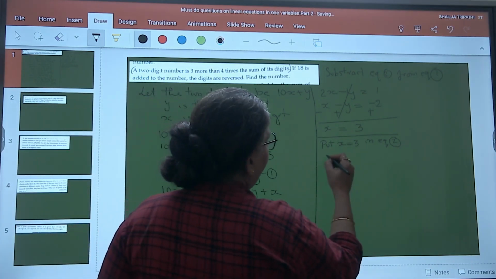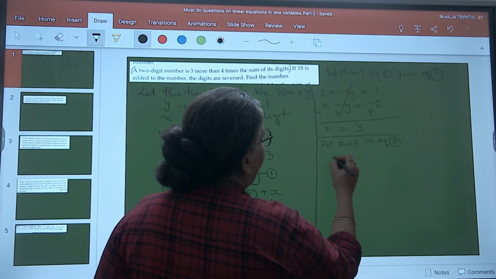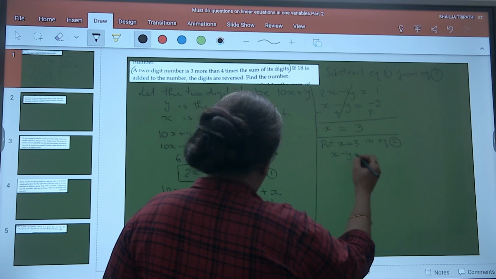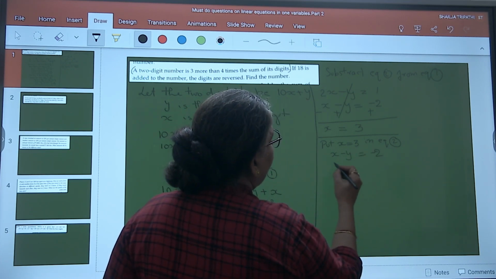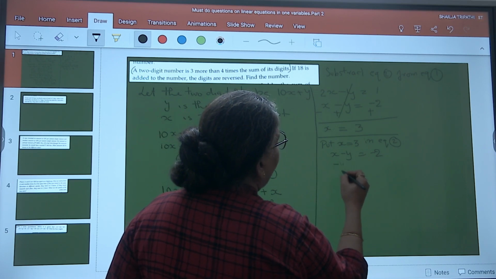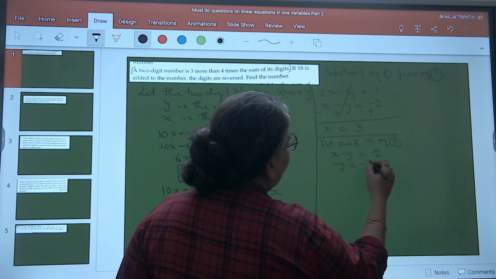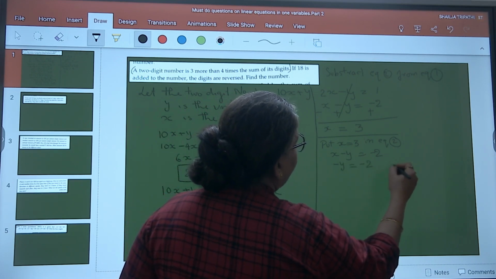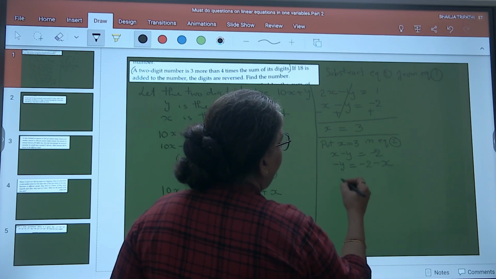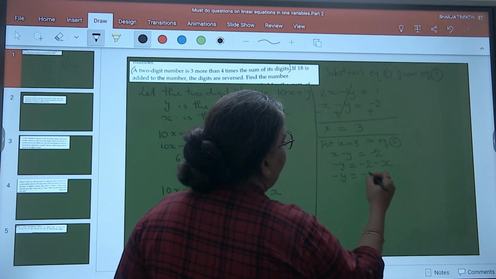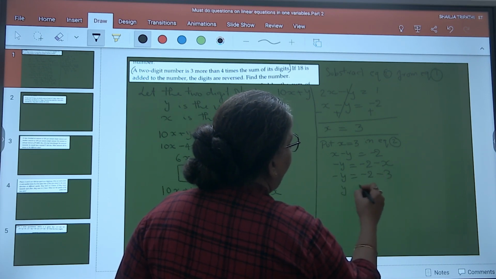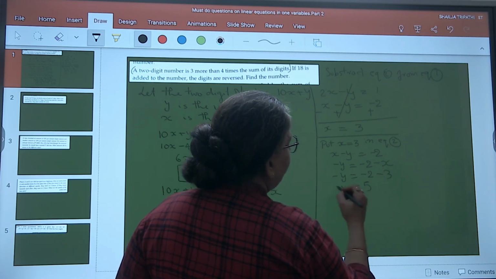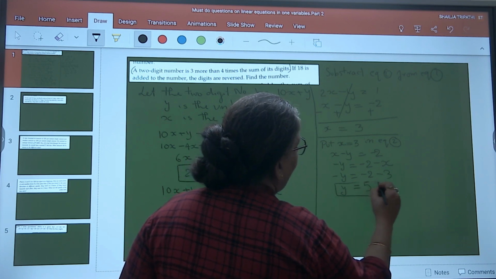So we write x minus y is equal to minus 2, or minus y is equal to minus 2 minus x, or minus y is equal to minus 2 minus 3. So you get the value of y is equal to 5. Minus minus will cancel out.